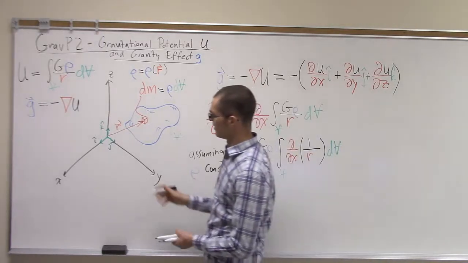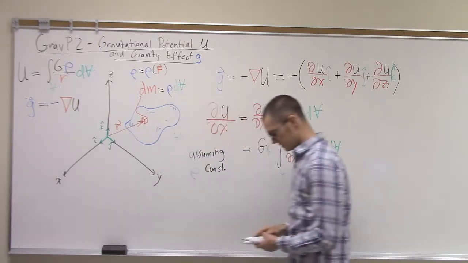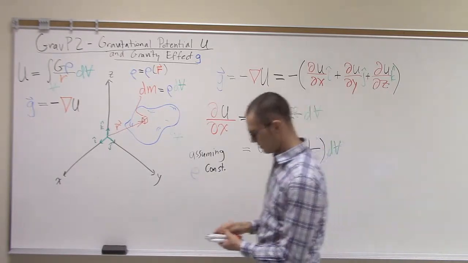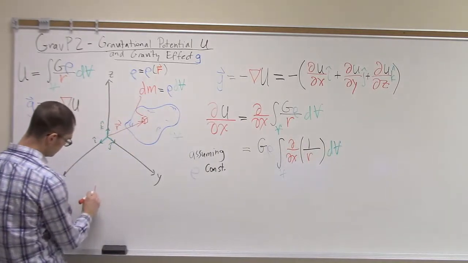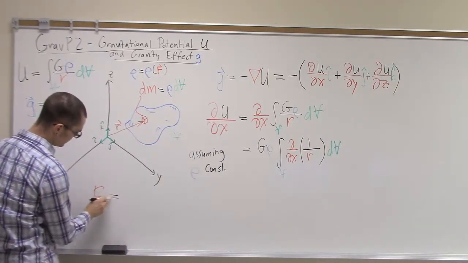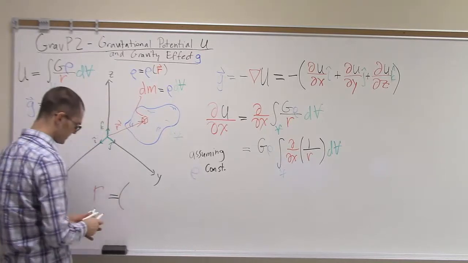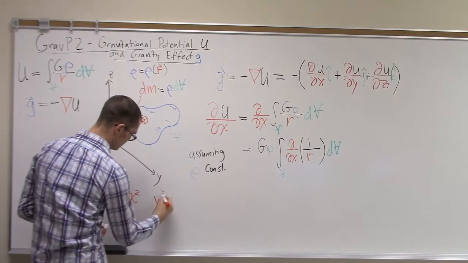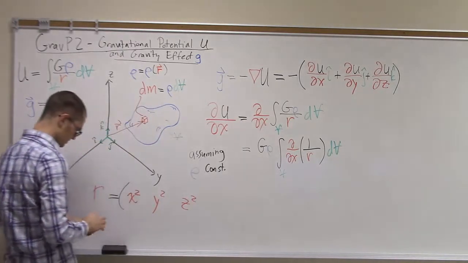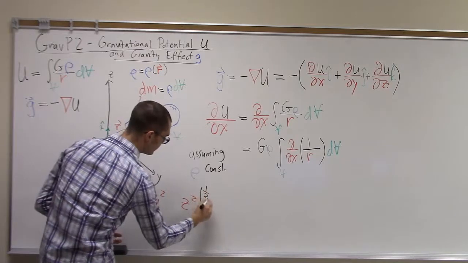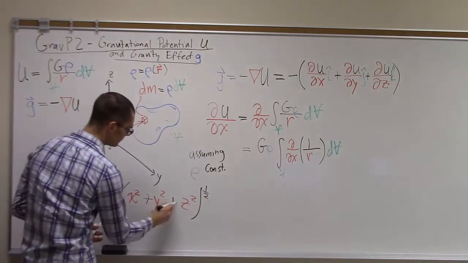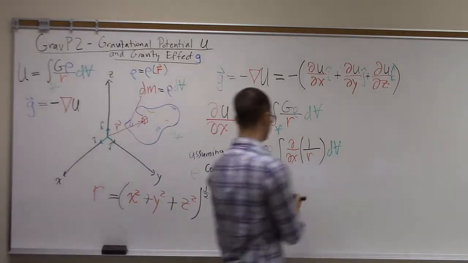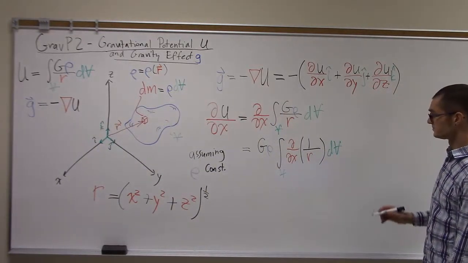Thinking back to our definitions of the vector field, we can recall that r, coming from the Euclidean distance formula, is the square root of x squared plus y squared plus z squared. With that definition in place, we can actually work out this integral here.